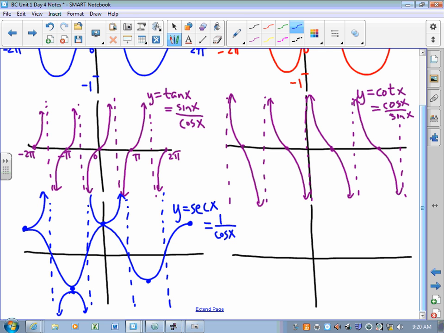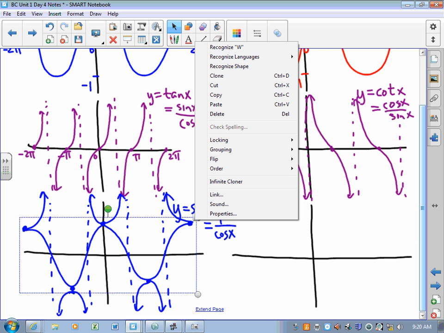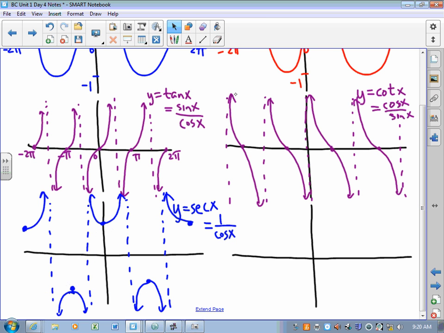It lives from 1 to infinity and from -infinity to -1. The secant graph looks like that. There's your secant graph. And cosecant looks much the same because cosecant x is 1 over sine x.